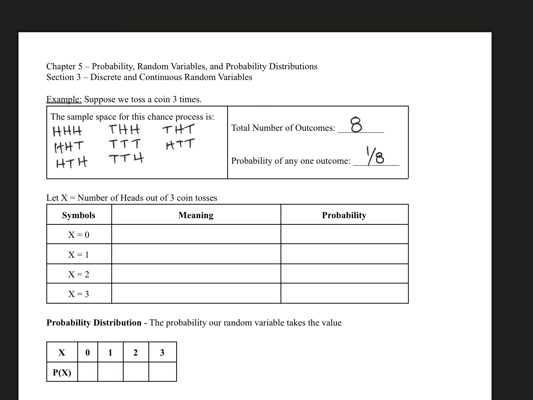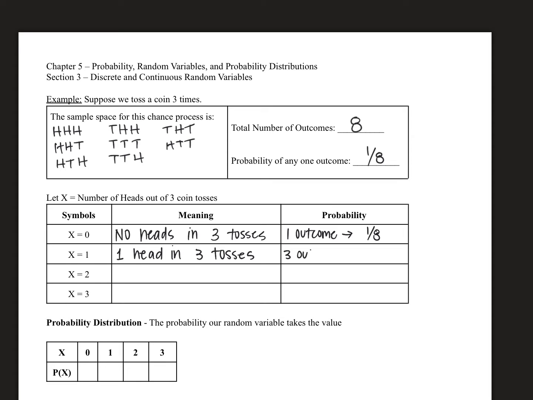So X is the number of heads out of 3 coin tosses. X equals 0 is no heads in 3 tosses, and there is 1 outcome, which means the probability is 1/8. X equaling 1 is 1 head in 3 tosses, which exactly 1 heads occurs 3 times.